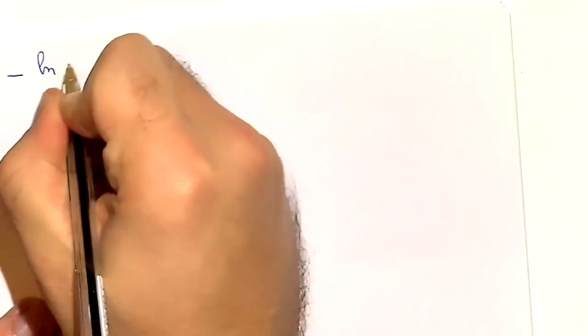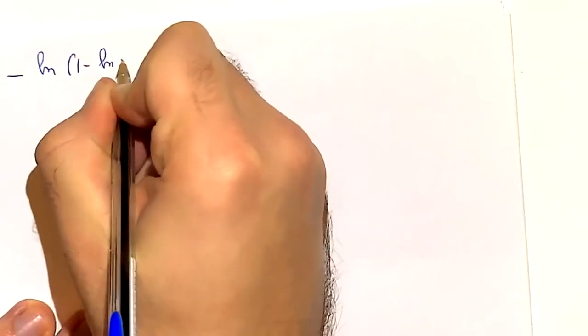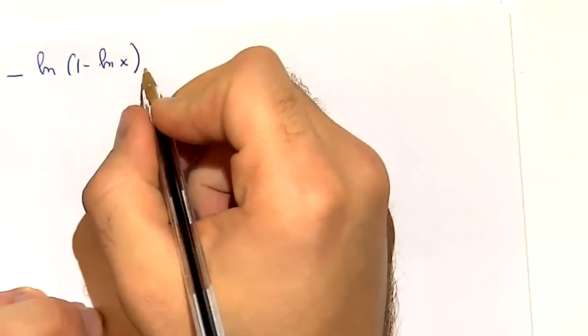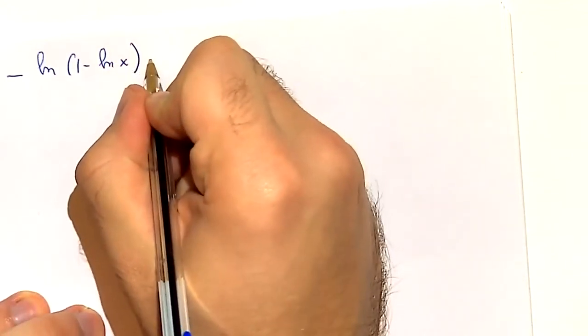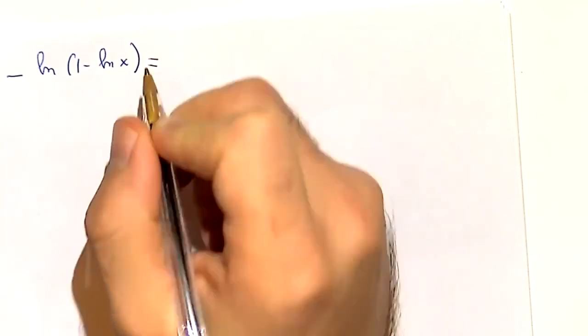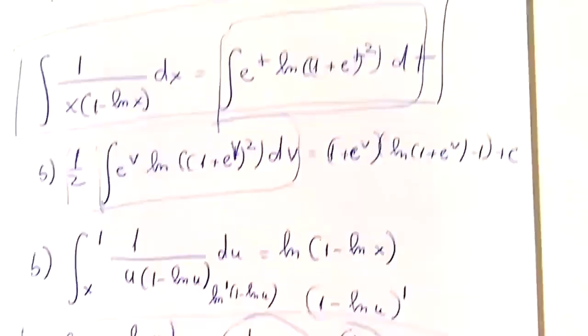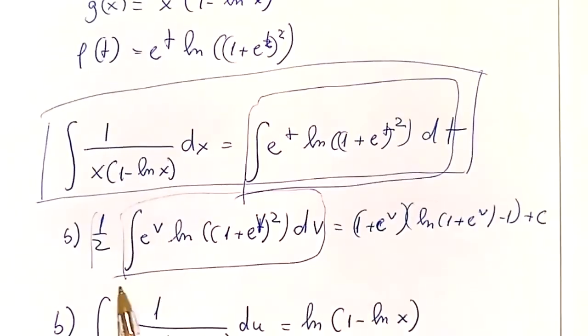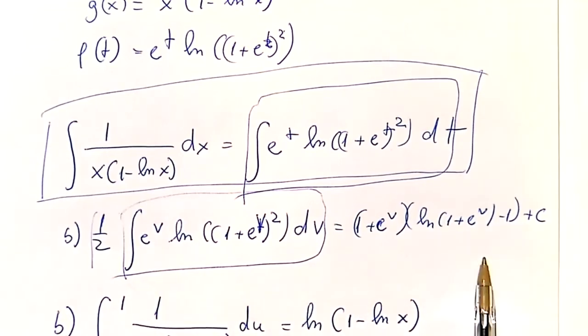So I've got minus log of 1 minus log of x. Again, no point in carrying the constant on both sides, so I'm going to leave it as it is, equal to, and now I copy this for the left side, and for the right side I just copy this.